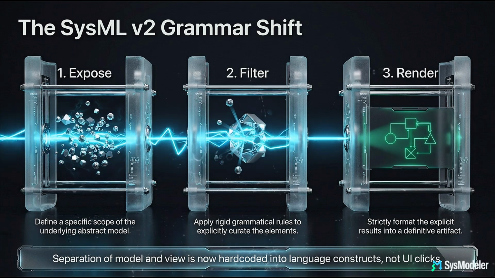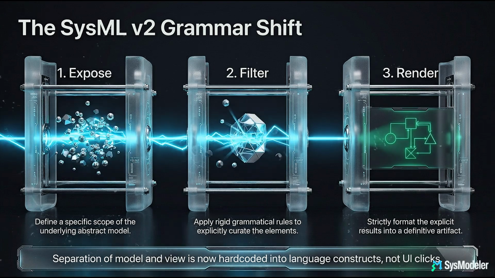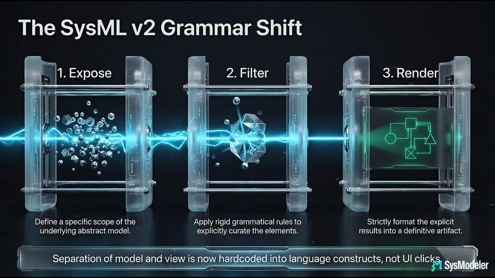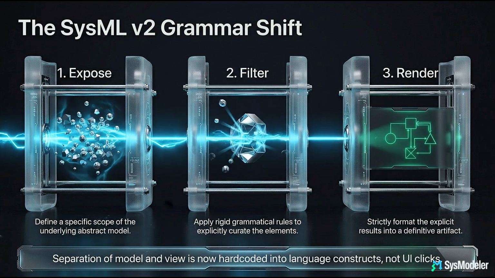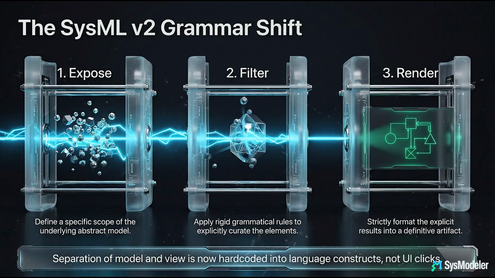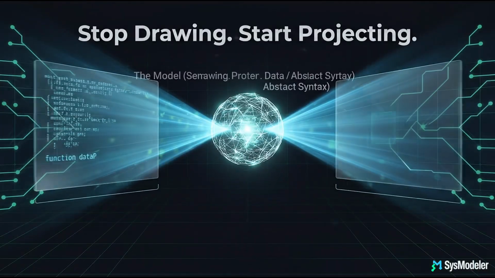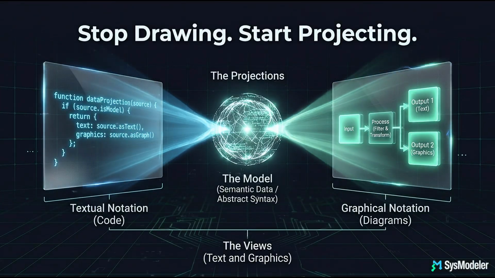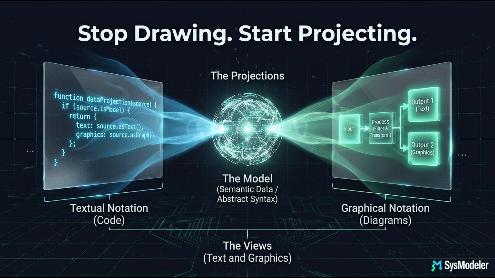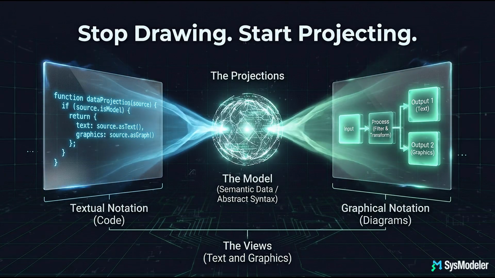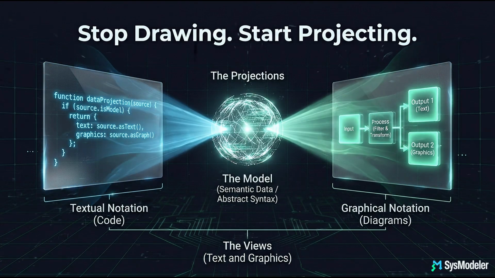You expose a scope of the model, apply filters, and strictly render the results into an artifact, like a diagram or table. Consequently, both the textual code and the graphical diagrams are explicitly treated as co-equal projections of the underlying abstract model.